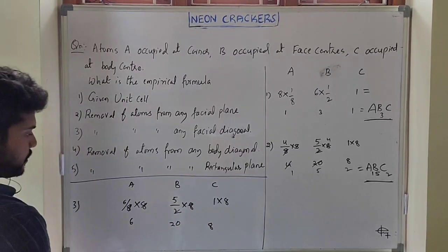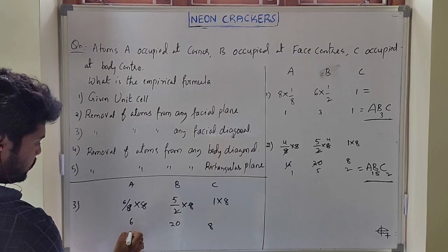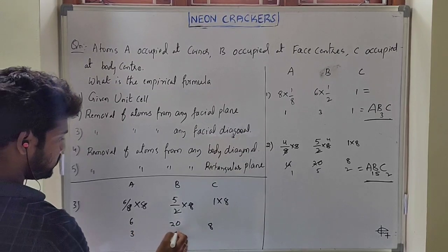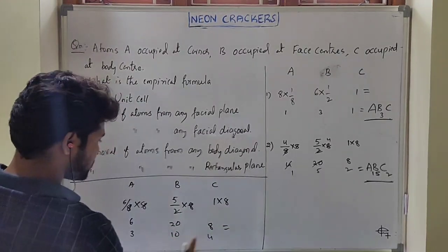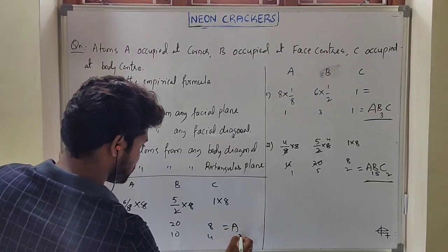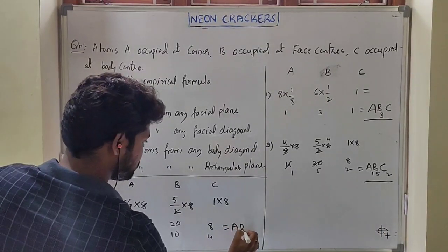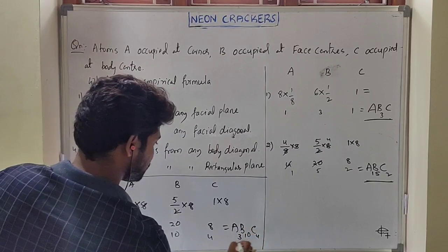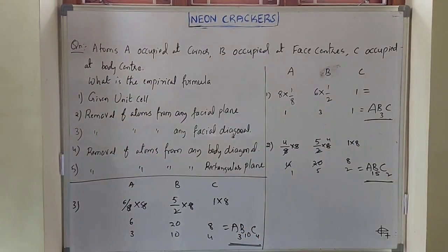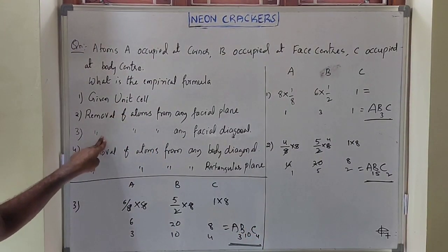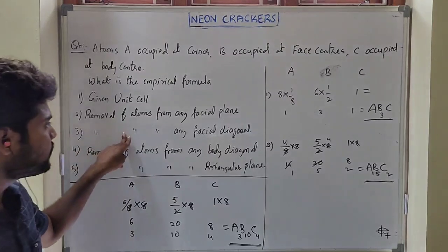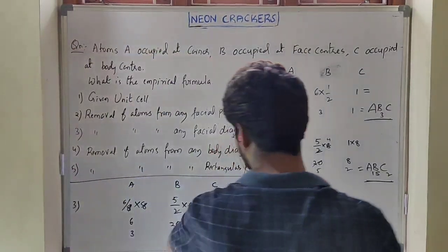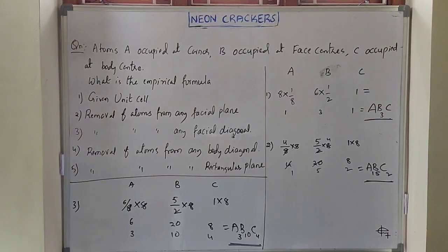Dividing by 2, we get 3, 10, 4. So this is the simplest ratio. What is that? A3, B10, C4. So this is the empirical formula of the given third condition, removal of atoms from any facial diagonal. Right? Are you getting my point?